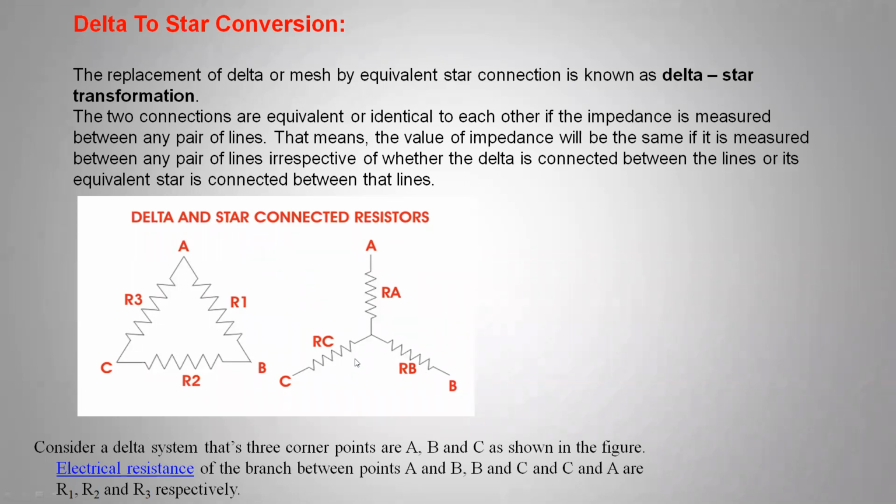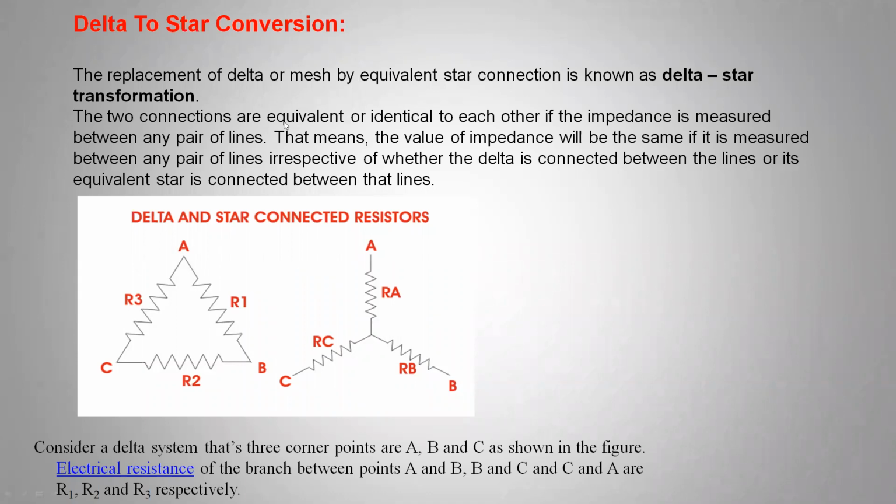So the delta to star conversion. What is meant by delta to star conversion? The replacement of a delta or mesh by an equivalent star connection. First you have the delta connection, and you replace it with the equivalent star connection, which is known as delta to star transformation.